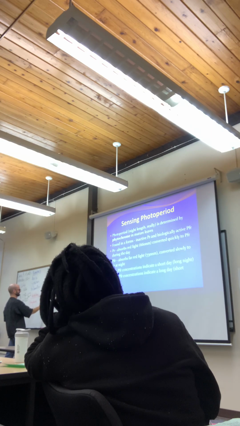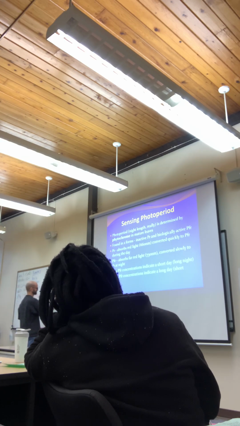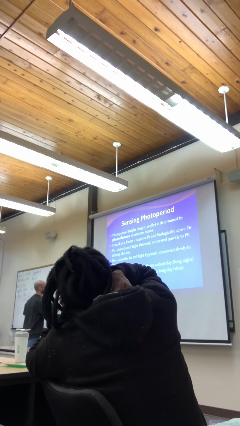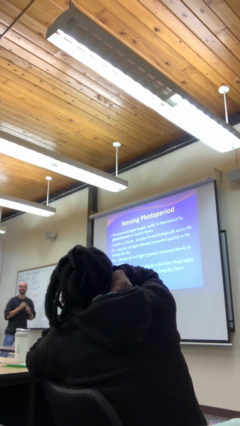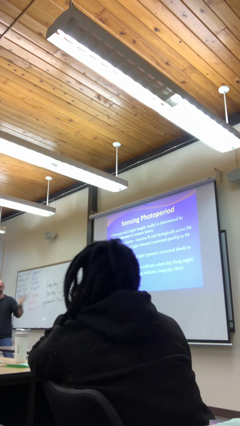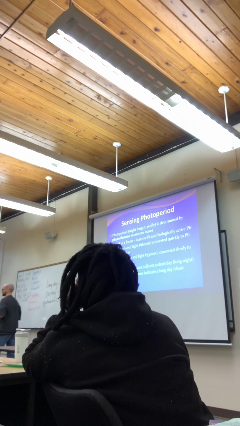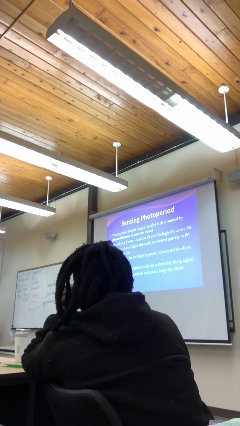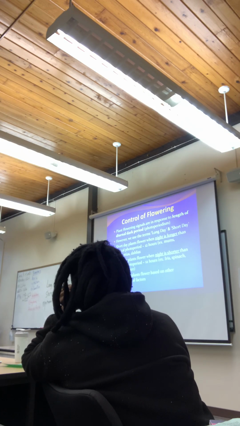Photo period is 24 hours minus dark, or minus dark hours equals light hours. Yeah, no surprise, right? 12 hours of light, 12 hours of dark, but it's a diurnal dark period, right? That means the change within a single day.